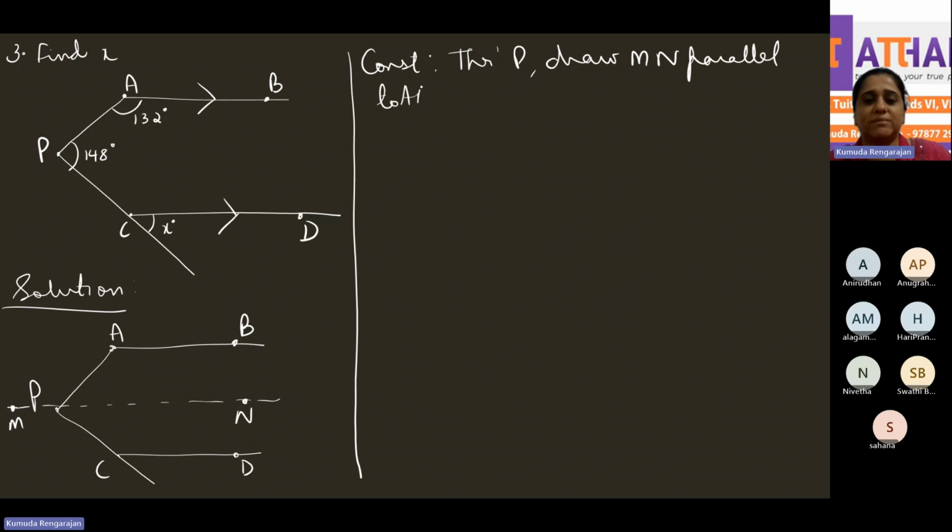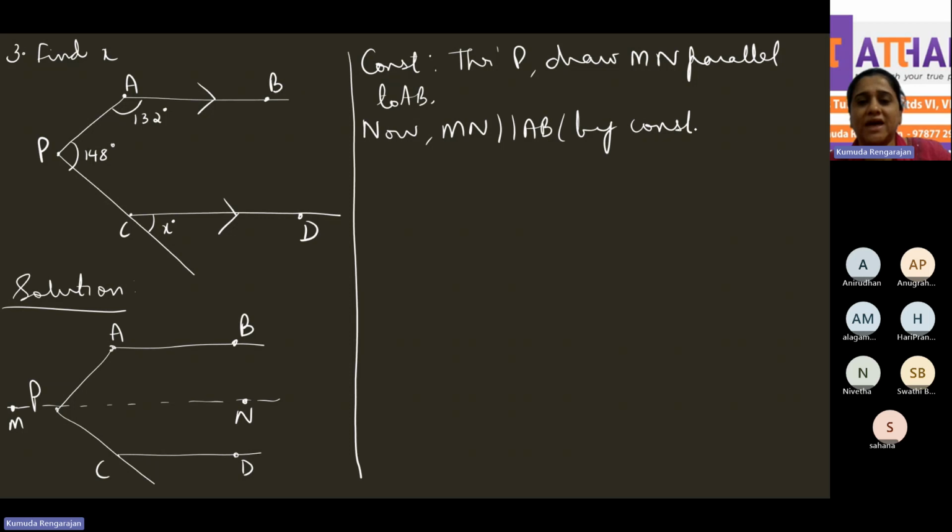Very good, that's the first step. You can write MN parallel to AB or AB parallel to MN, anything. Order is not important here. So we have MN parallel to AB by construction.